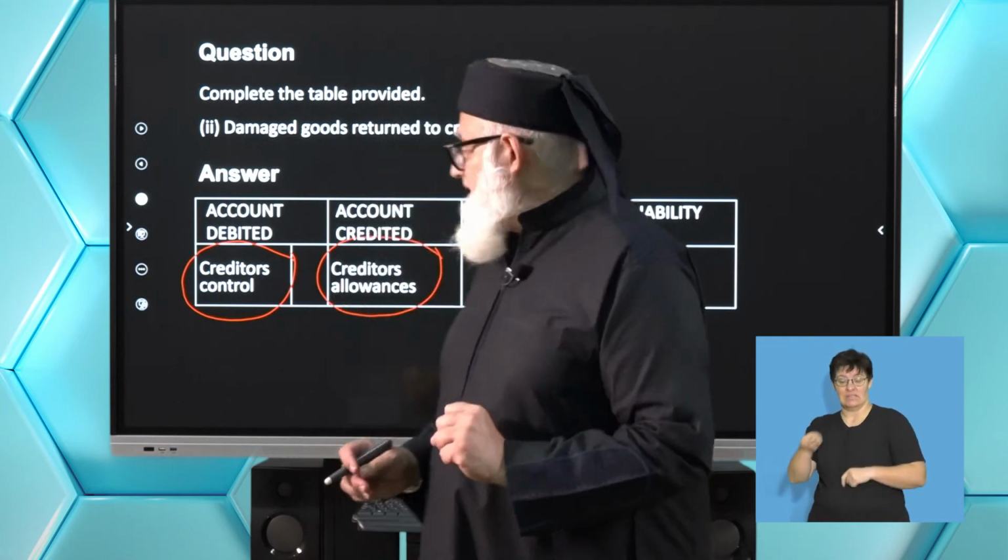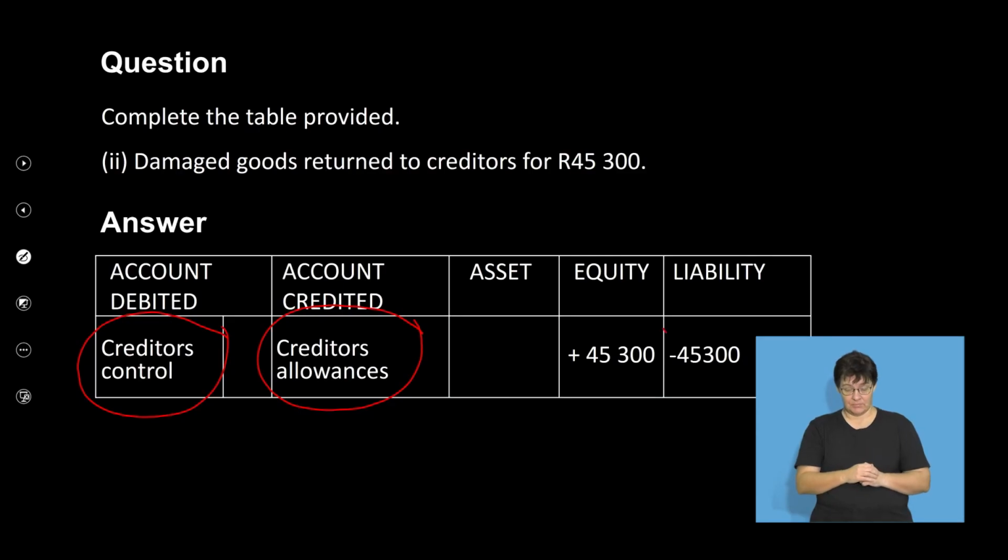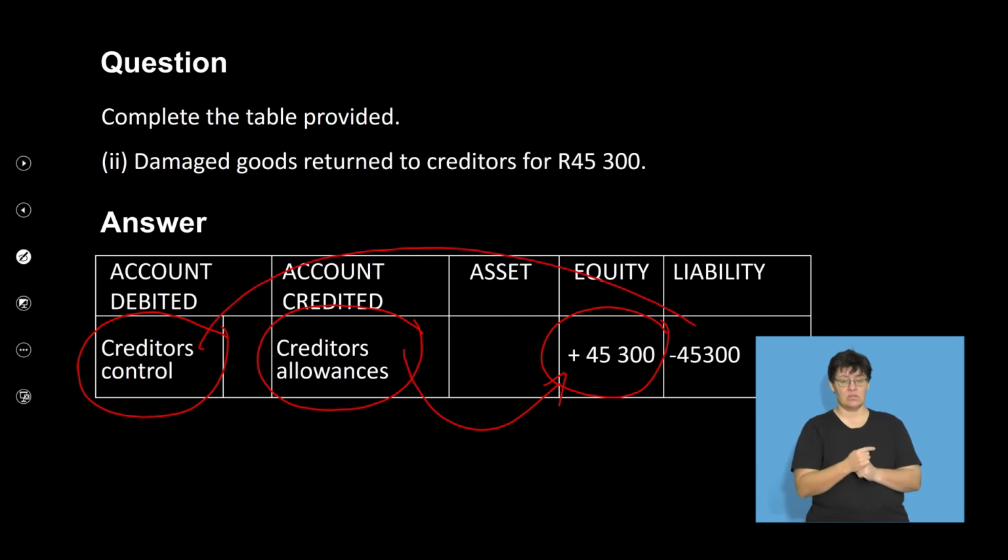Now watch this here. Your equity increases by 45,300, and you must be asking why. Let's do the liability first. Creditors control, obviously we know, will decrease because we are returning goods, clearly. So you're owing your creditor less money. But why is my owner's equity increasing?